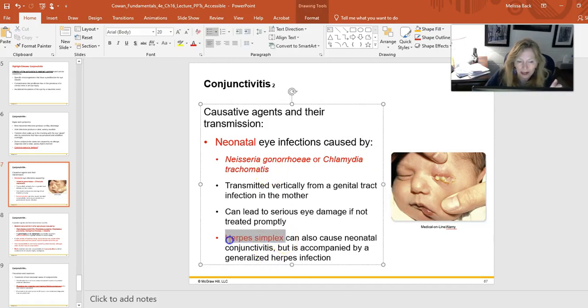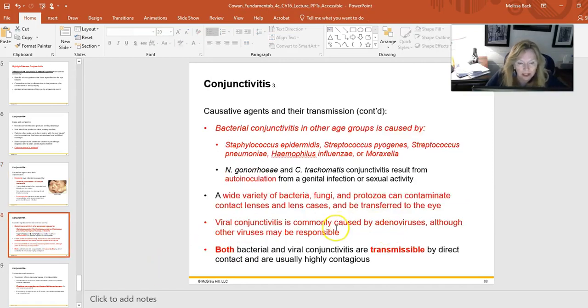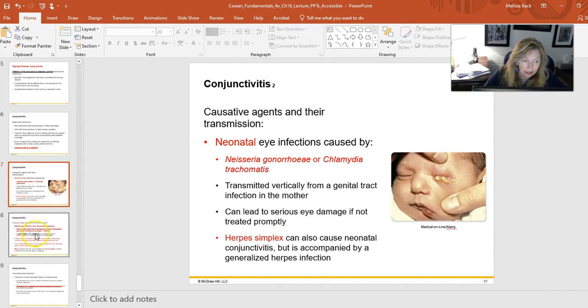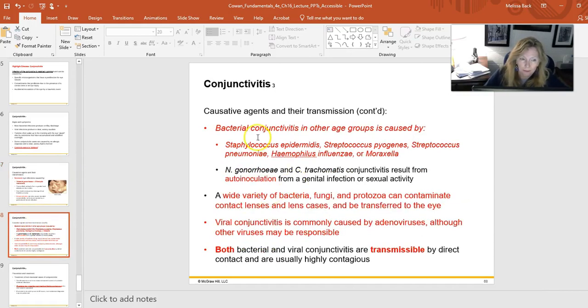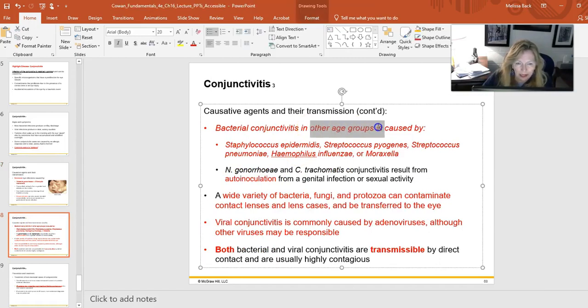In the United States, human herpes 1 and human herpes 2 is still the leading cause of blindness right now. Now, if it's not a neonate, you can get bacterial conjunctivitis if you're an adult. You can definitely in all other age groups.